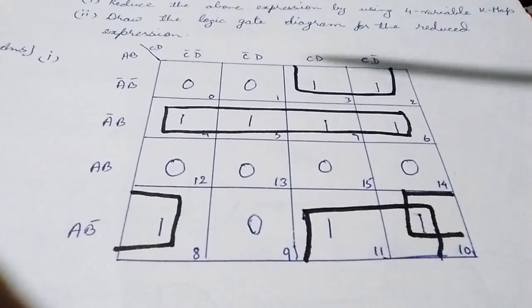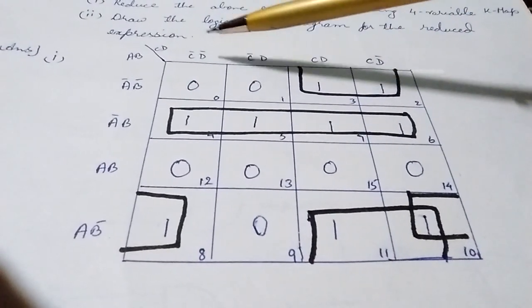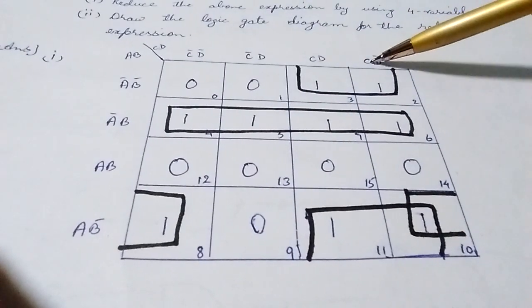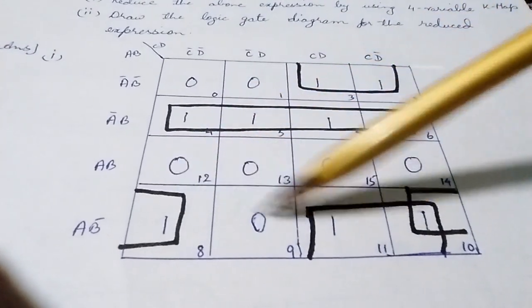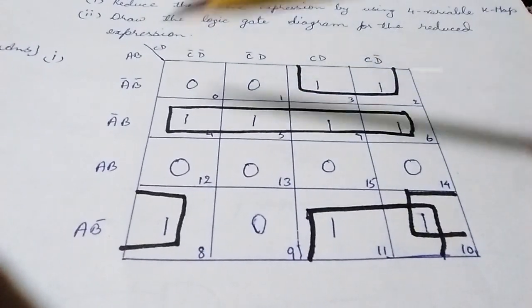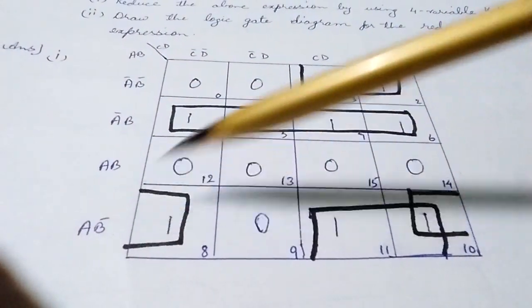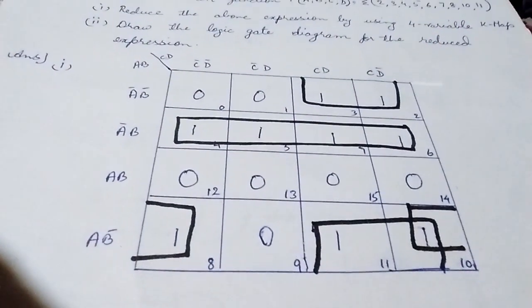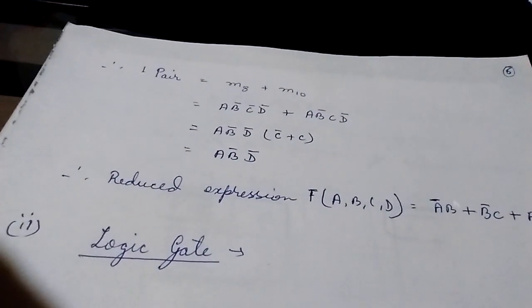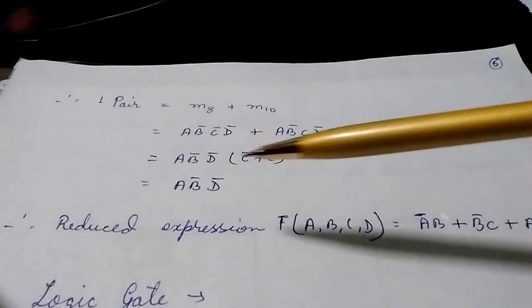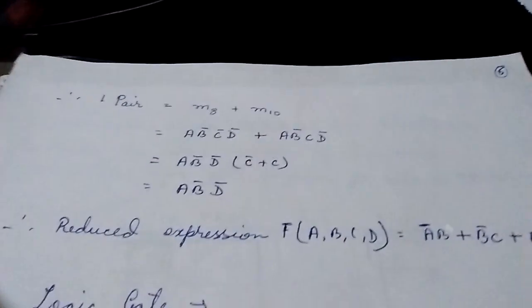Now we see D bar and D bar is the same, but C and C bar will cancel each other. So for this pair we will have a reduced expression A B bar D bar. So let us see, is it coming so? So we see that for the pair we are having the reduced expression as A B bar D bar.